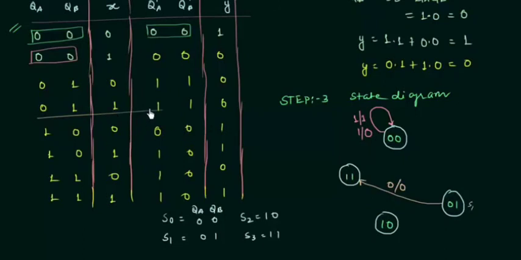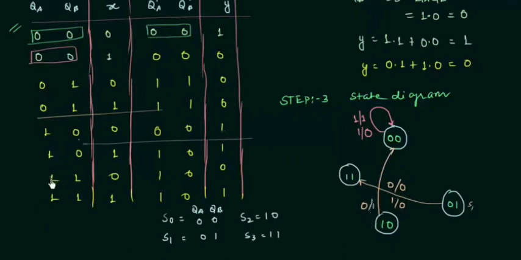Then again I am moving to S3, so I will write 1 0 because 0 is the output in this case.